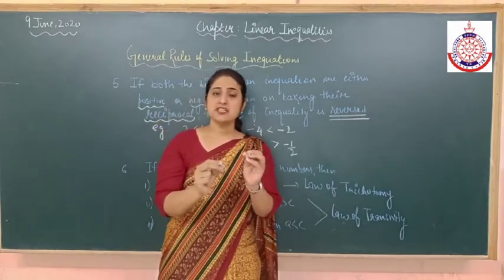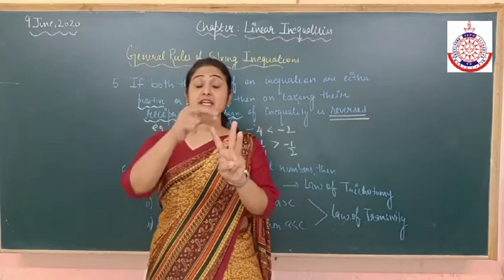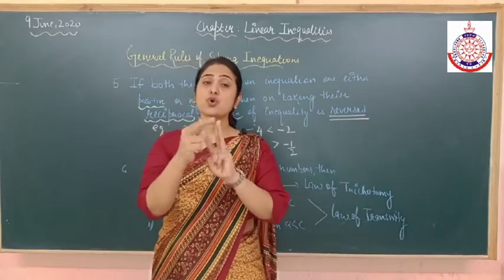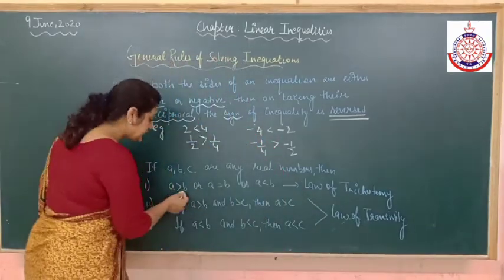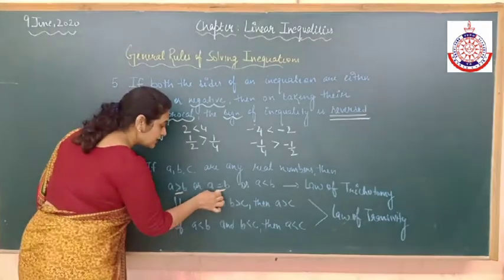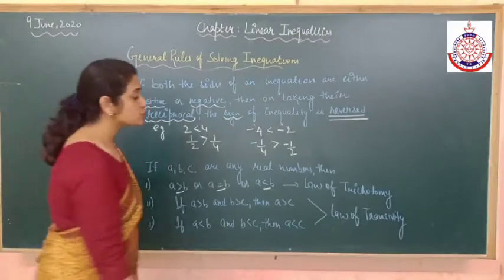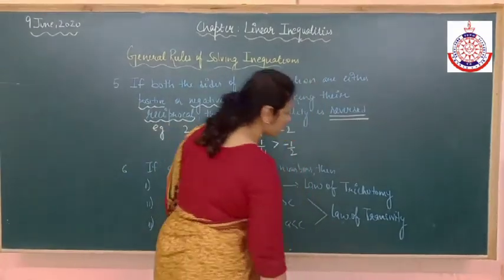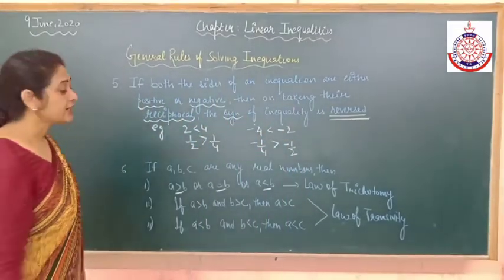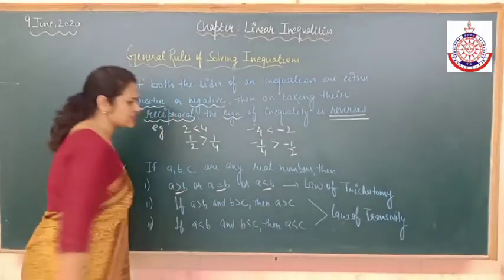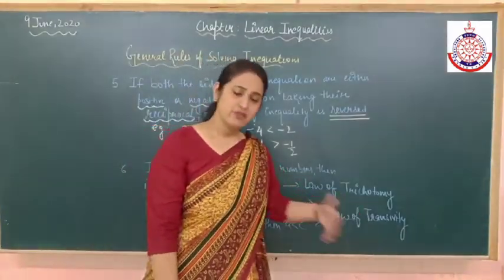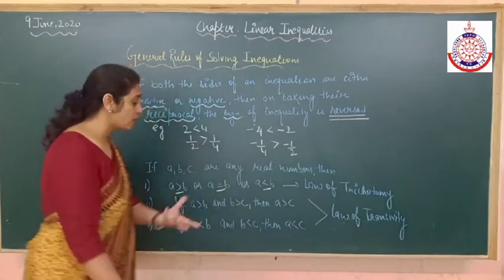So 2 numbers can share only 3 relations: either less than, or equal to, or greater than. Apart from these 3, there cannot be any relation between 2 numbers. So this is called the law of trichotomy. Is it clear? As such, you don't need the name, but we are doing it. Just you should know about it.